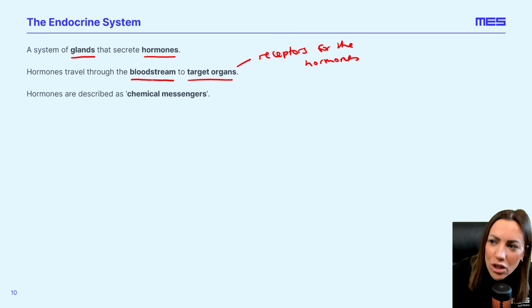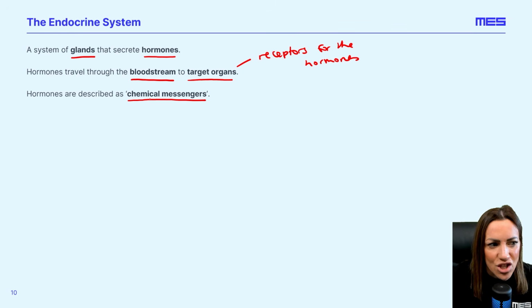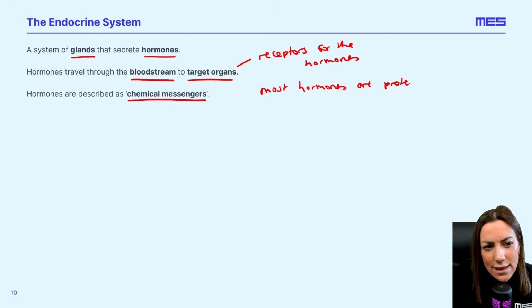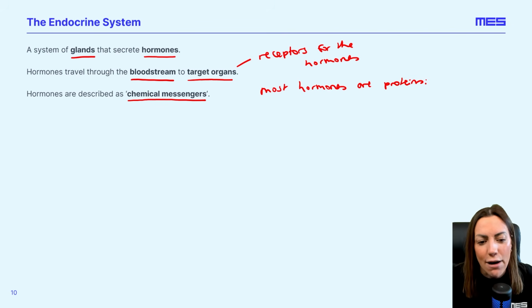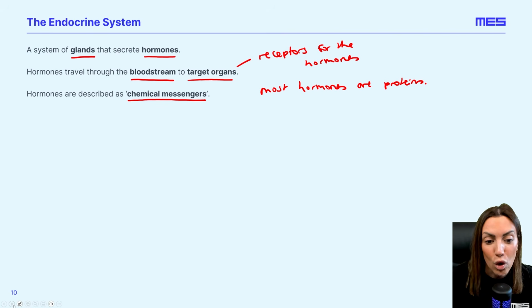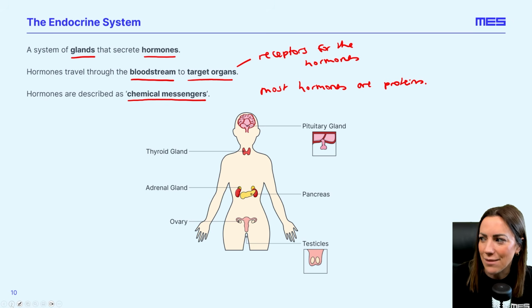They travel in the bloodstream, and hormones are described as chemical messengers. Most hormones, not all, but most hormones are proteins. Some are steroid hormones, so some are made of lipids, but most hormones are proteins. They all travel through the bloodstream to target organs, and we describe them all as chemical messengers. So lots of important key things to say there.